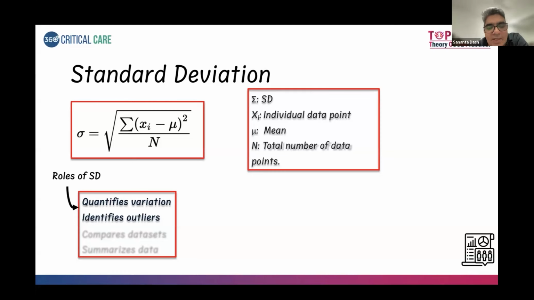It identifies the outliers. Sometimes you have a significant outlier. Suppose you have a population of 20 people where 19 have a weight under 80 and the 20th person has a weight of 250 kilo. In that case, your distribution will be different. Your standard deviation will be very different if you take a small sample from that data.